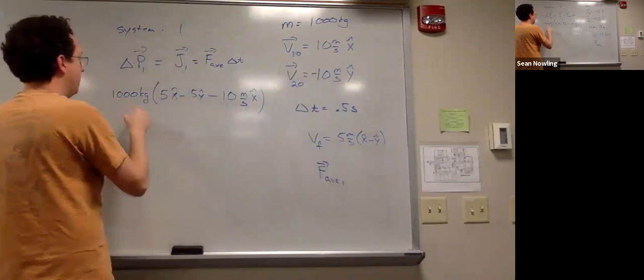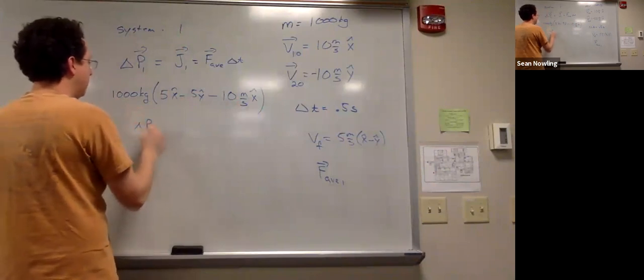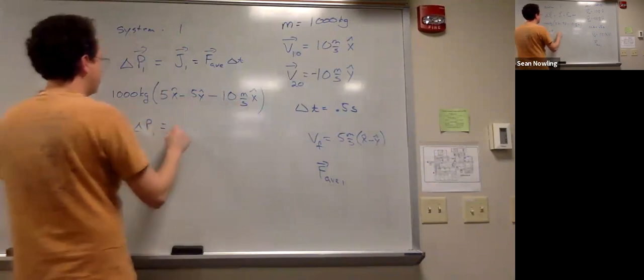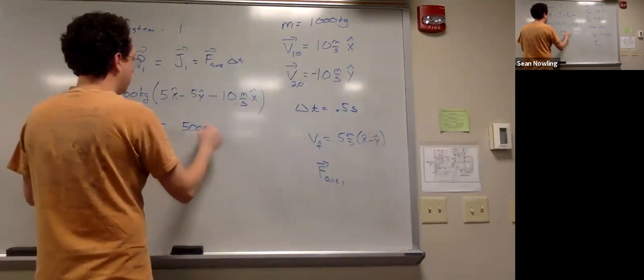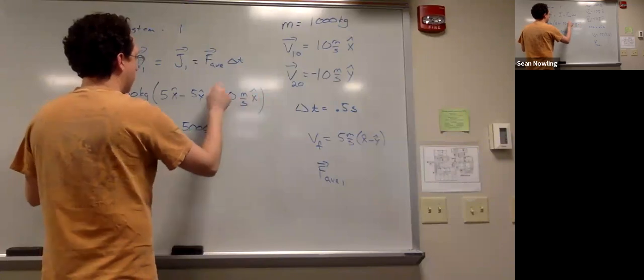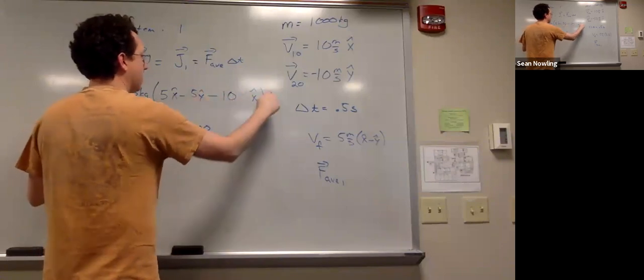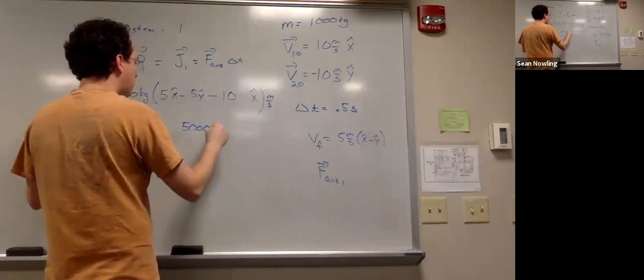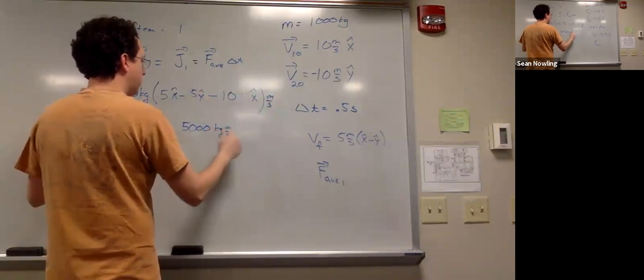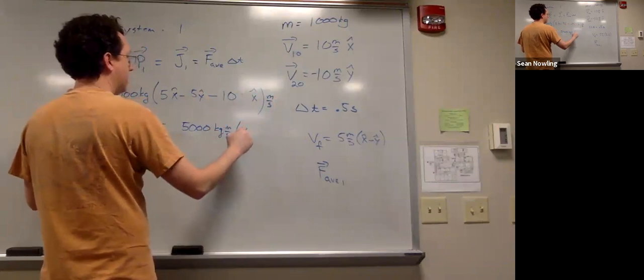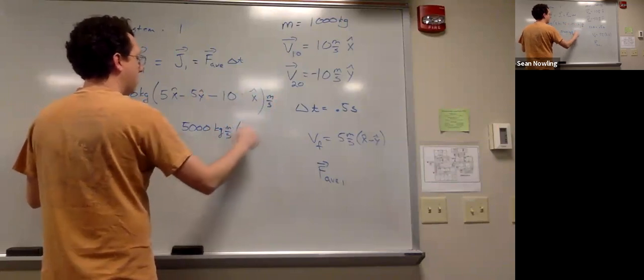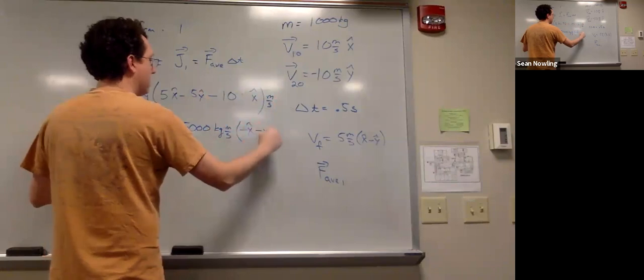So that tells me the change in momentum for car 1 equals 5,000. They're all meters per second. Here, I should have been more careful. Kilogram meters per second times x hat minus x hat minus y hat.